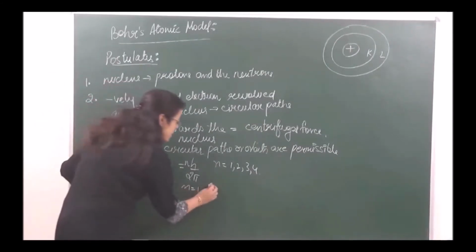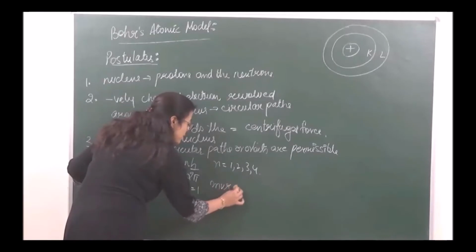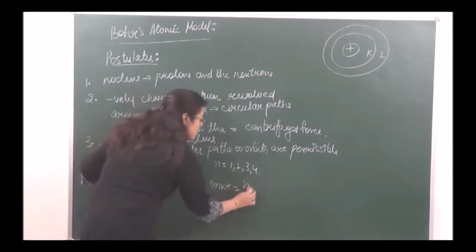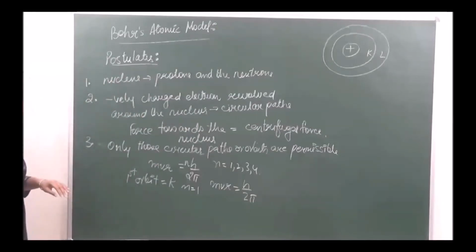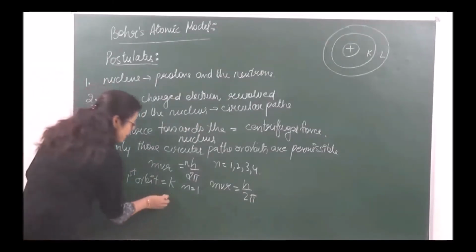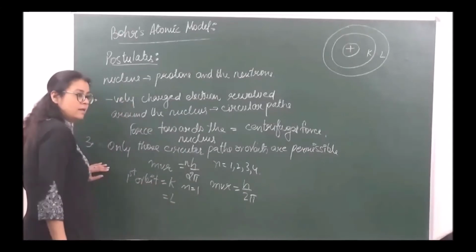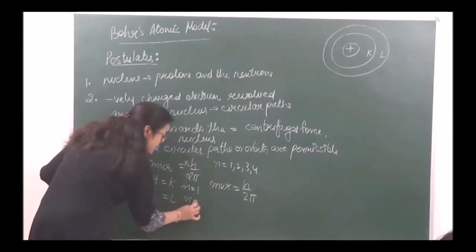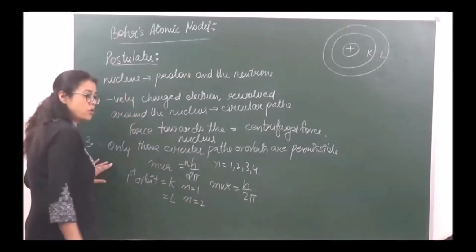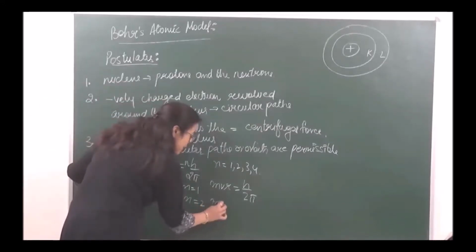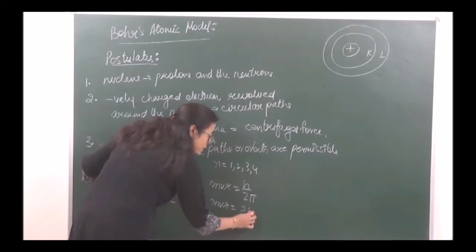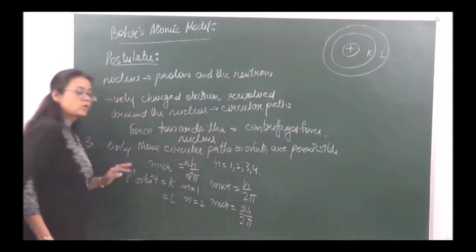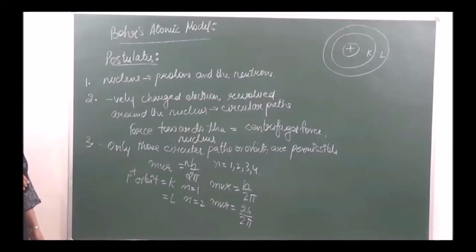So for the first orbit, the angular momentum is h upon 2 pi. Then when the electron is in L, the value of n is equal to 2, and the angular momentum mvr is equal to 2h upon 2 pi. So it cannot be fractional. It has to be an integral multiple of h upon 2 pi.